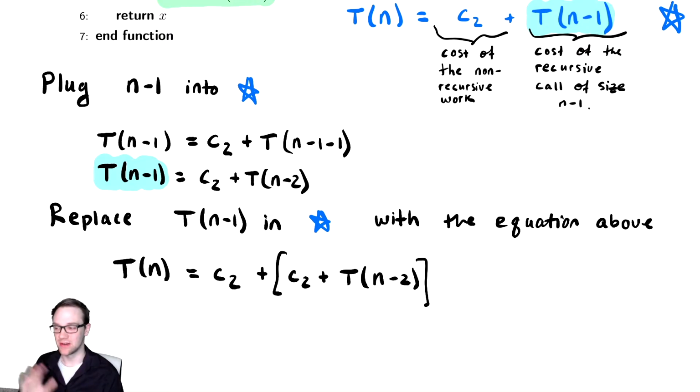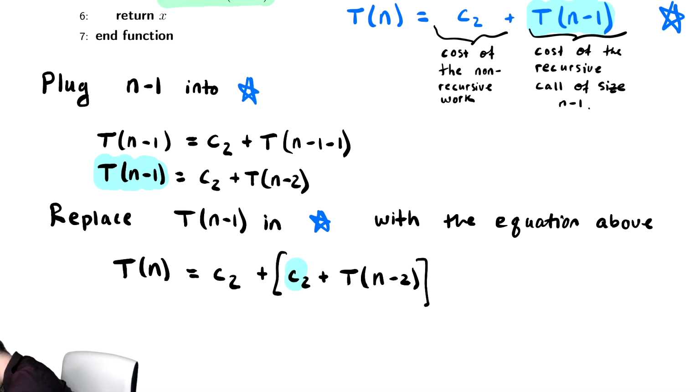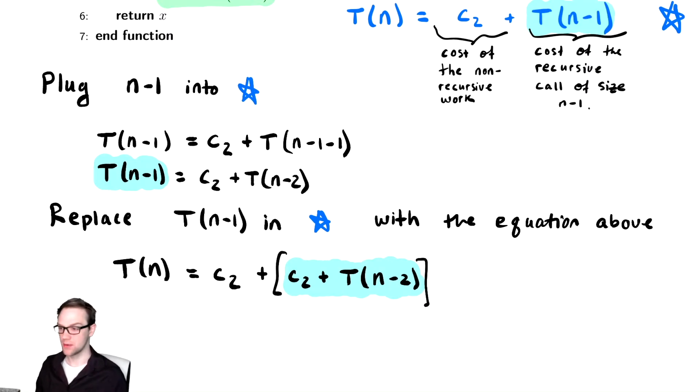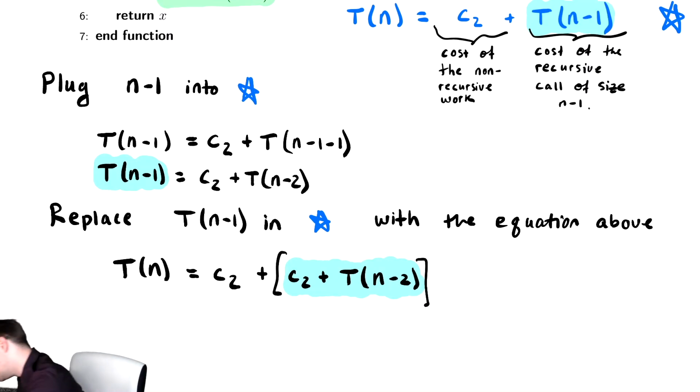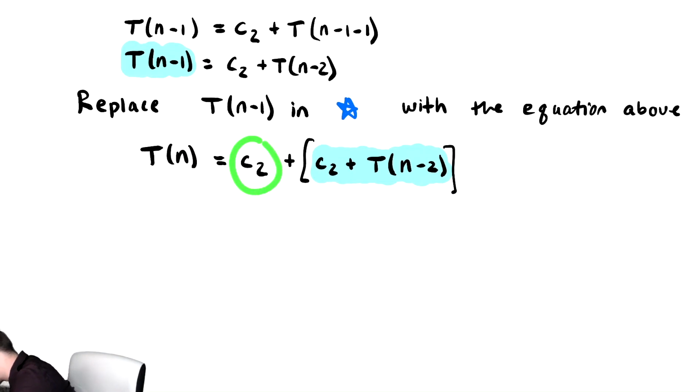We'll see this maybe later that becomes relevant. For now, the stuff in brackets is exactly the same as all the other stuff that was in light blue. And now I'm just going to do some basic algebra. I can put together the two like terms. I have two C2s. So t of n is equal to 2 C2 plus t of n-2.